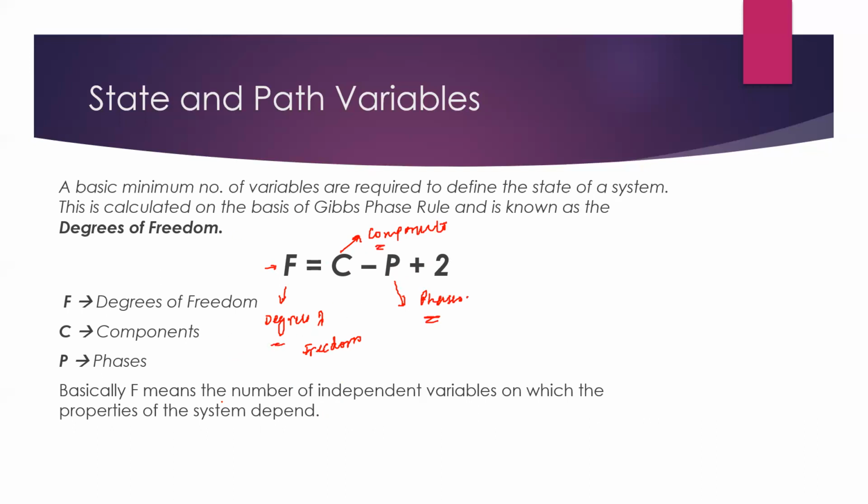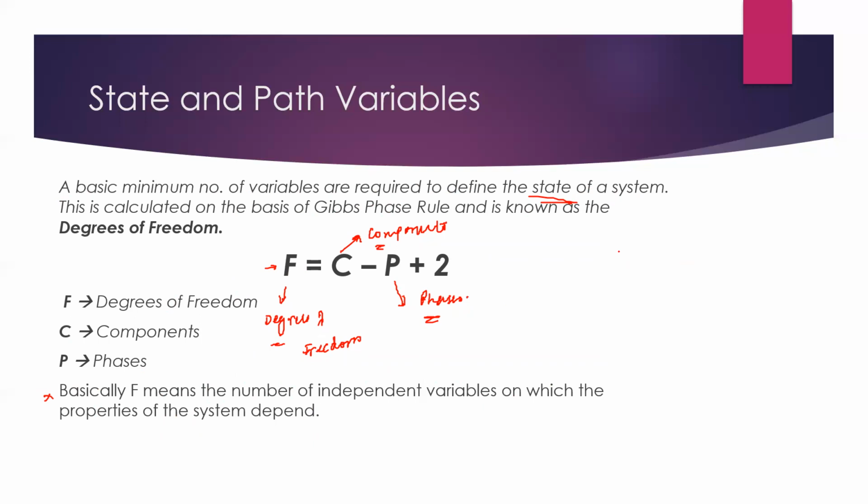So that's how you get the degrees of freedom. Basically that tells you the number of independent variables on which the properties of the system depend. Let's simply say that the minimum number of variables required to define the state of a system is your degrees of freedom, right?